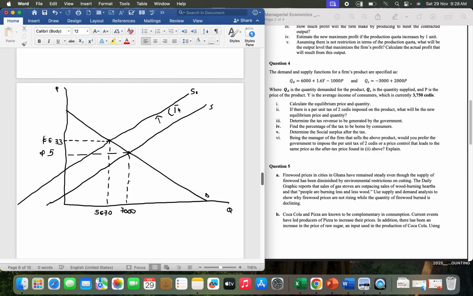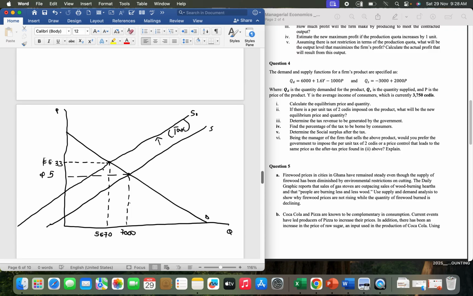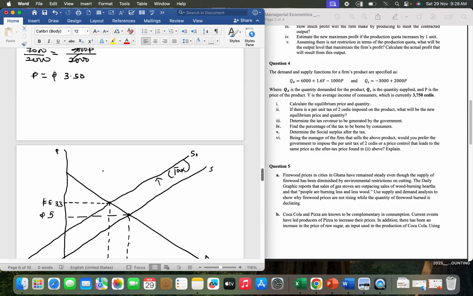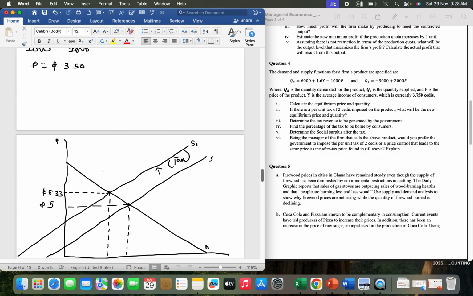It was as a result of tax. So since we have this now, let's introduce what we solved from the top. We had the down price to be what? 3.50.